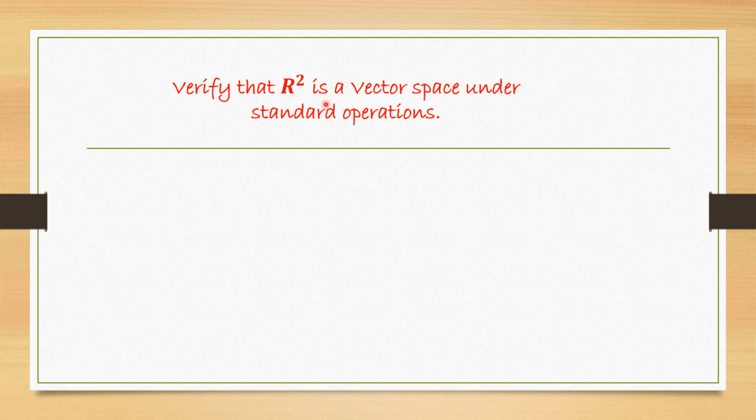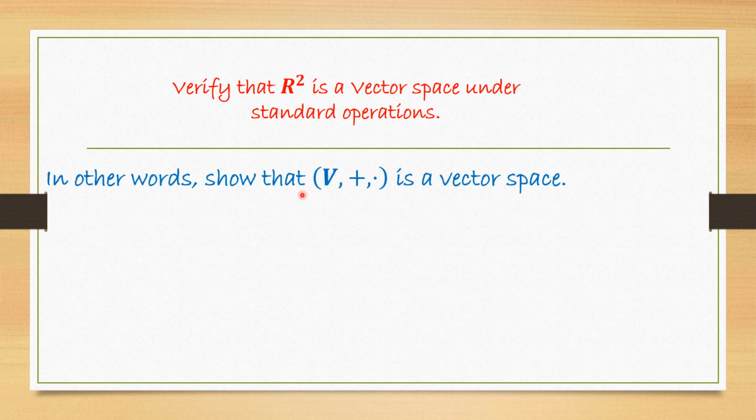Verify that R2 is a vector space under standard operations. In other words, we have to show that the non-empty set V under the defined vector addition and scalar multiplication satisfies 10 axioms of vector space.